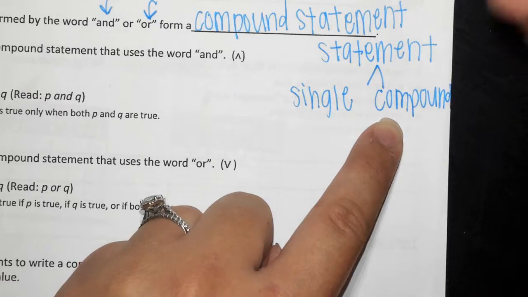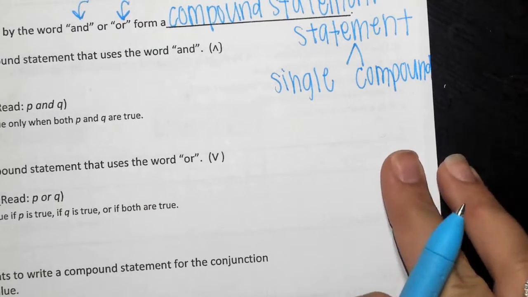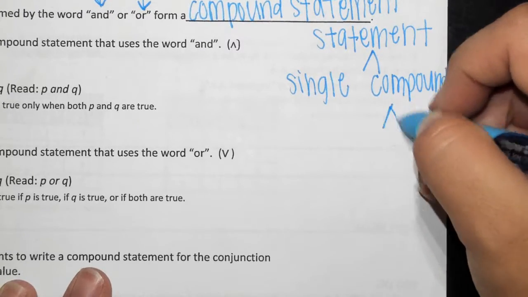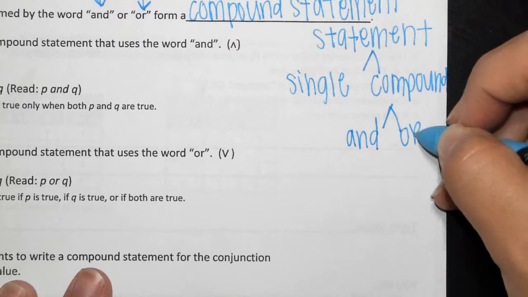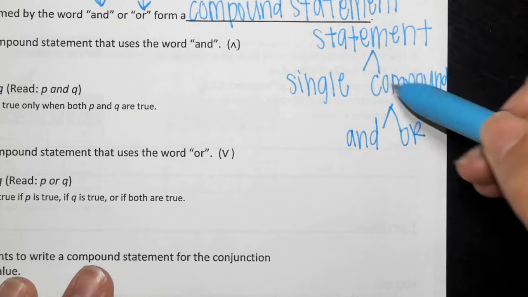It can be single or it can be compound. Well, if it's compound, it can either be and or or. So this is just its first name.